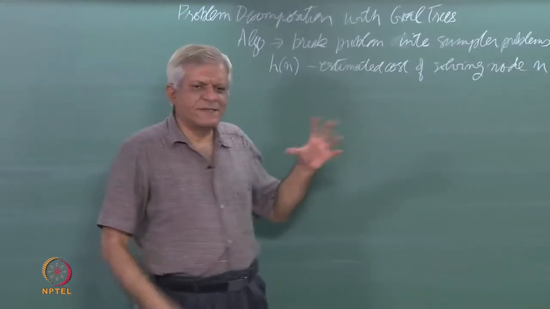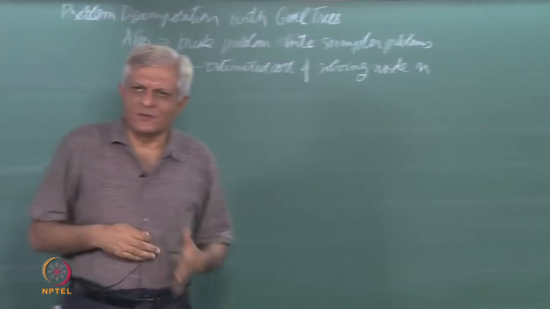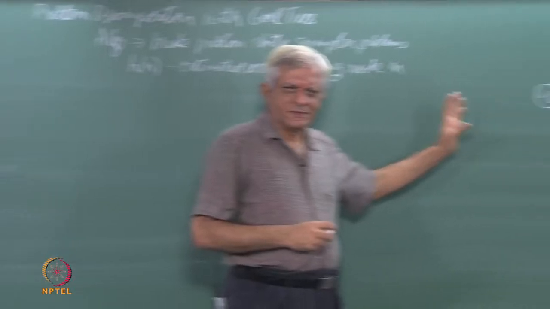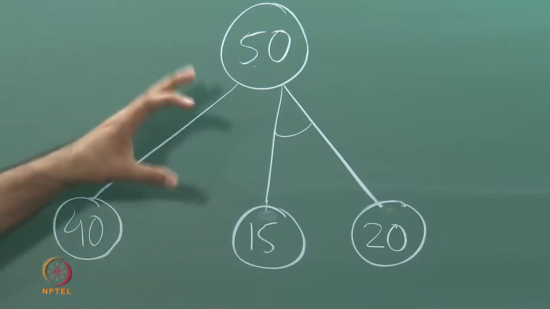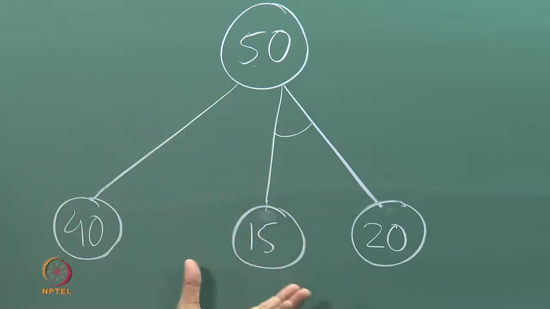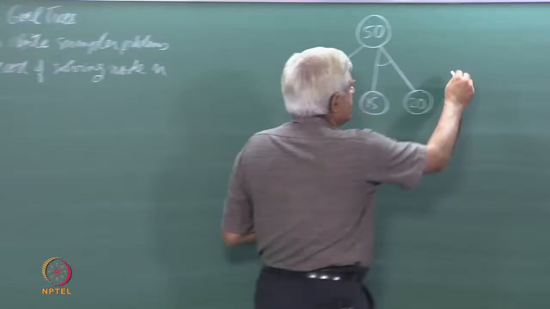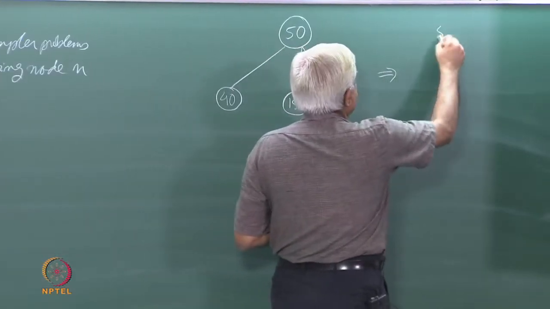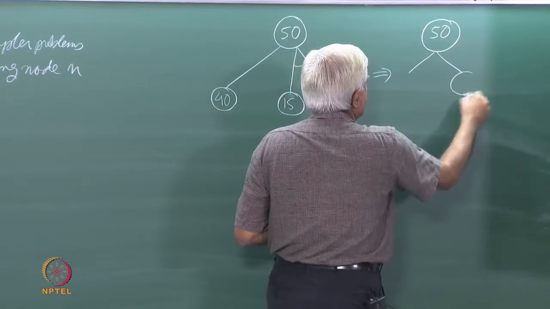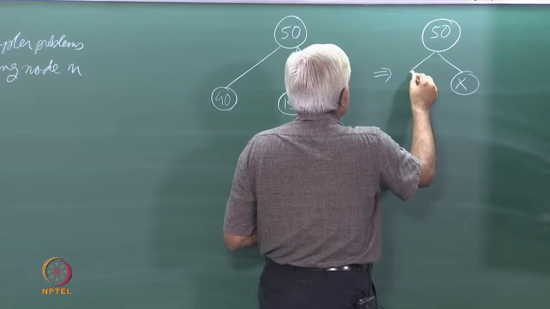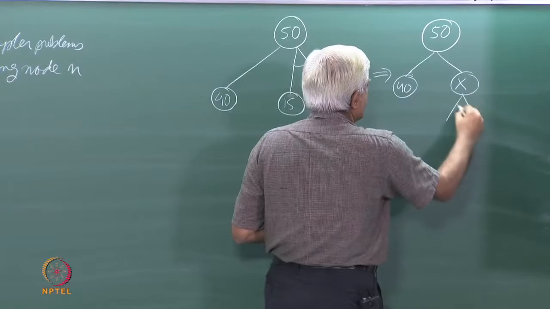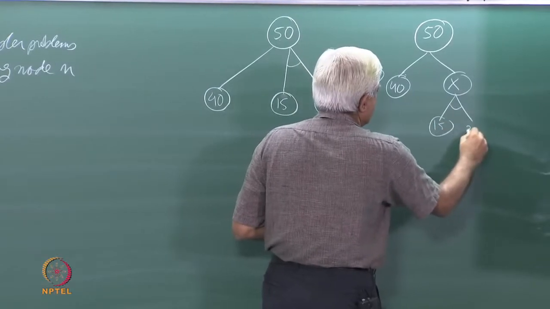Now, in this example I have mixed up the kind of edges emanating from a node, and if you think about this, it does not really cause a problem to see it like this. We can think of it as two choices at the top level, and this choice has already been broken down into two parts. We could have easily transformed this into a node which says 50 and then some node x, and this is 40 and this x has got two nodes of course 15 and 20.